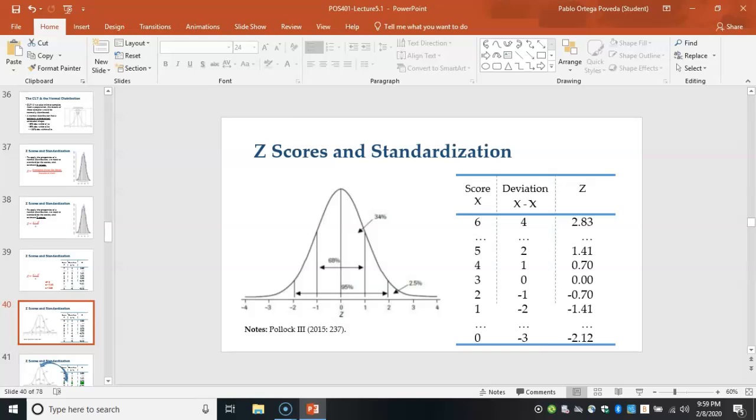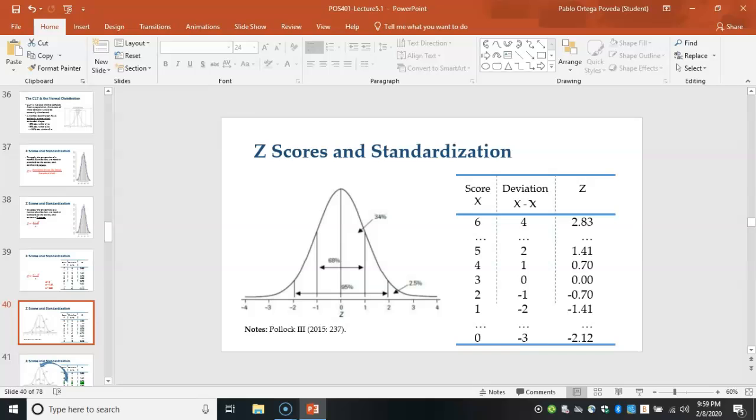It's not intuitive, right? But let's use the normal distribution to try to interpret this. The C scores are used to locate any specific score in a normal distribution context. Remember that the mean is 3 in this sample.